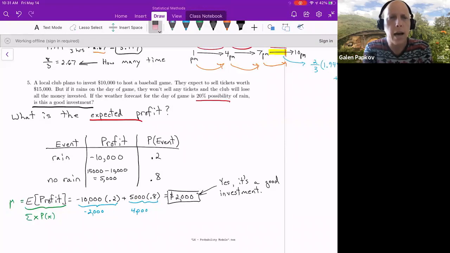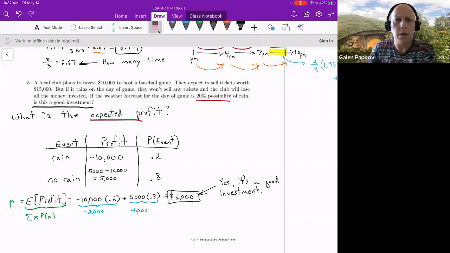So it's saying on average, we expect to gain $2,000. This is on a long-term investment. So if they were to do this, let's say for 20 different days, then on average, they will be up $2,000. So yes, you might view it as a good investment from that perspective. And that would be fine.